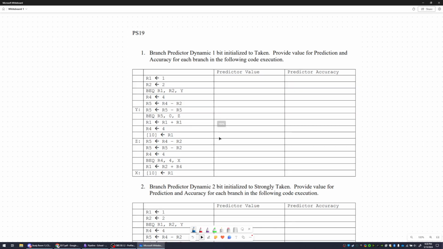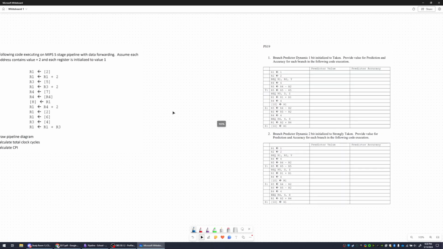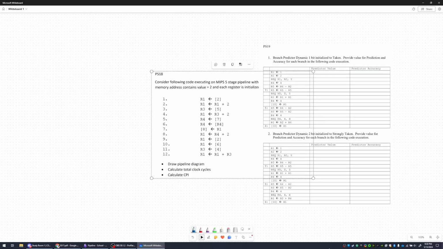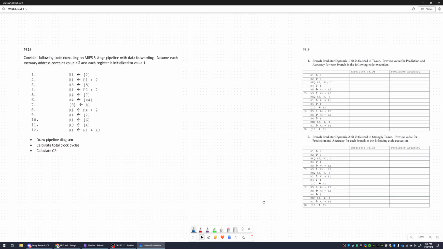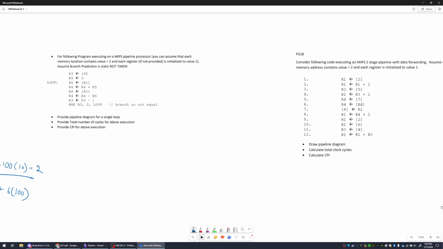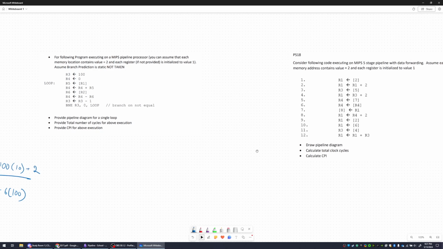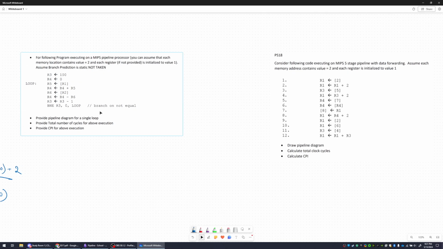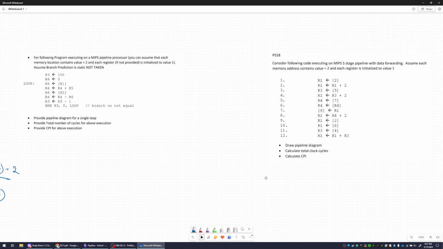Okay, so I'm gonna skip problem set 18 and the second part of problem set 17 unless anyone wants to do it in particular. I think it's more of the same. I'd rather do the exam one with the 2 extra lines.